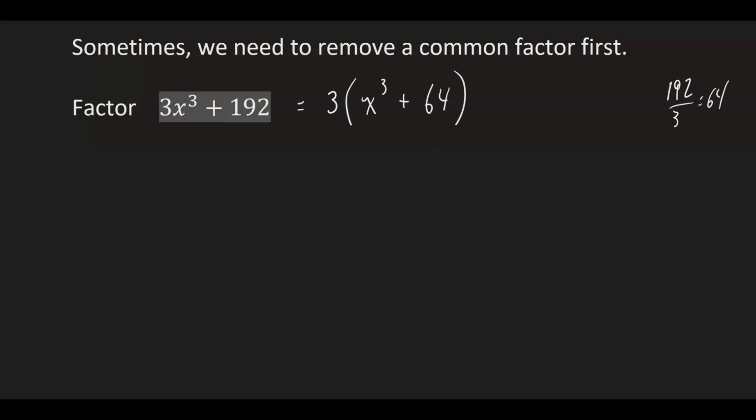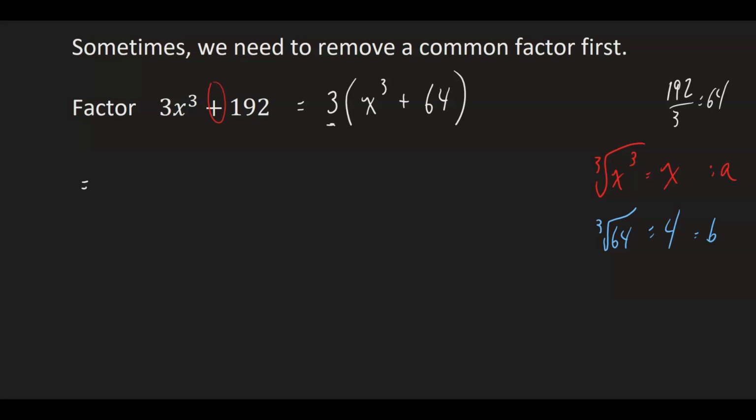Remember that for the first one, x cubed, if I cube root x cubed, again, we get x. And for the second term, the cube root of 64 is equal to 4. So we do have our a and our b for the formula, okay? And it is a sum.